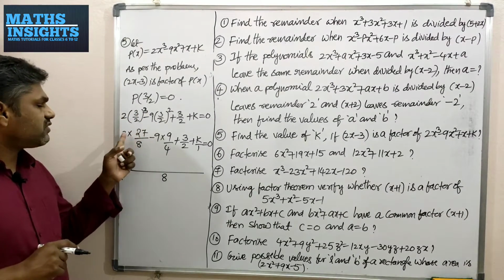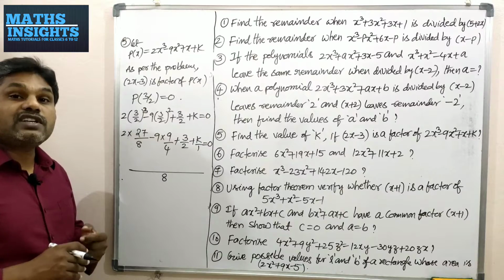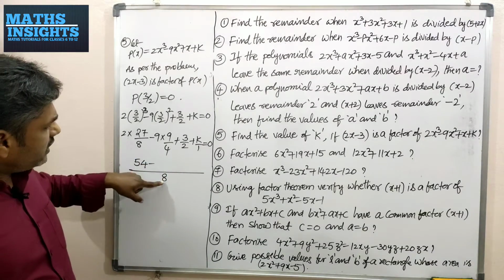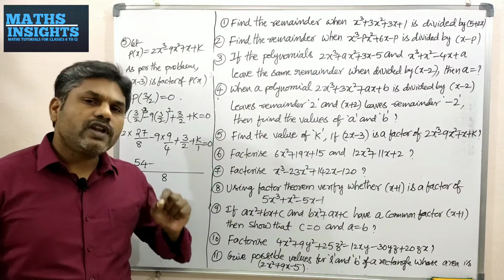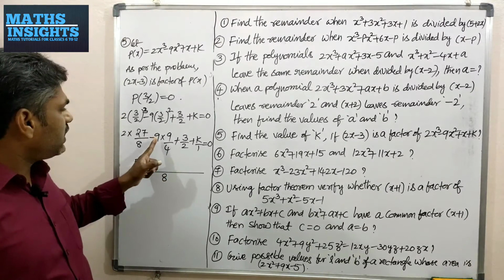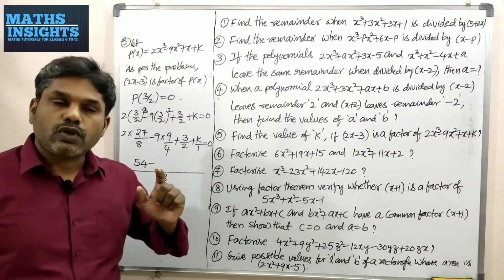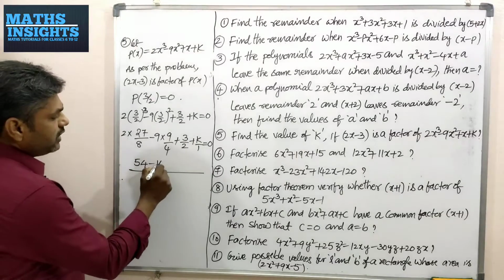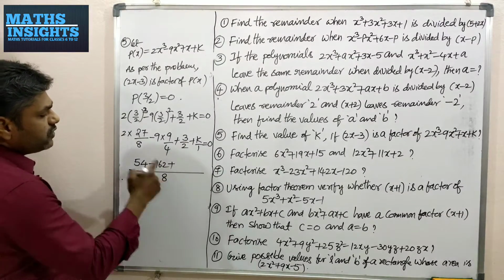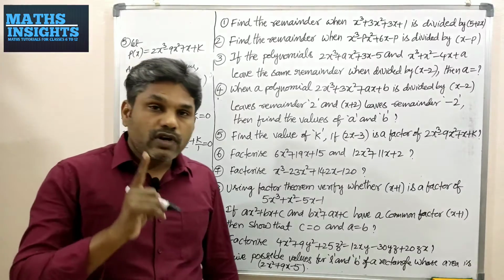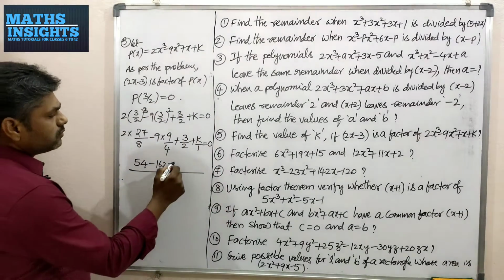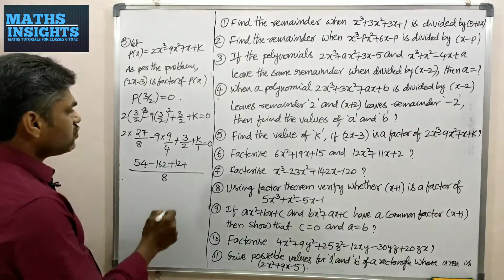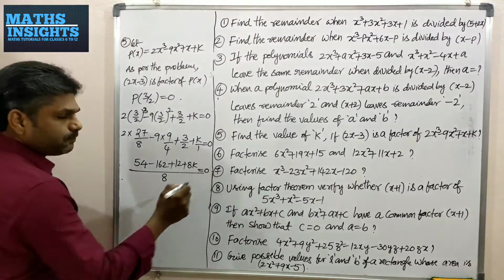So 1 into 27 by 2, that is 54, right? 54 minus, again if you divide this 8 with 4, you will get 2 as your quotient, then multiply 9 into 9 with that 2. 9 9s are 81. 81 into 2, 162. 162 plus, if you divide 8 with 2, you will get 4 as your quotient. 4 into 3 will become 12 plus, if you divide 8 with 1, the quotient is 8. 8 into k, 8k is equal to 0.